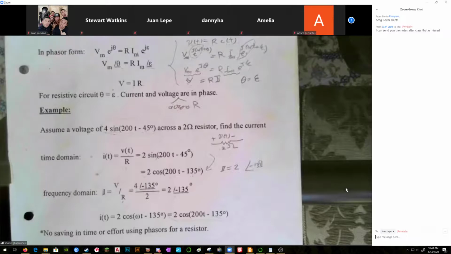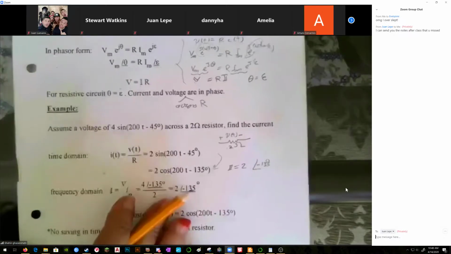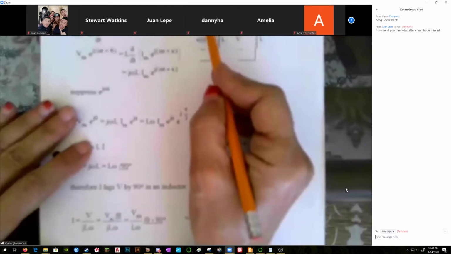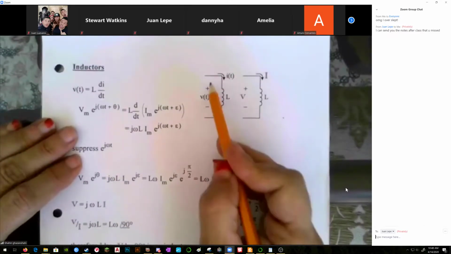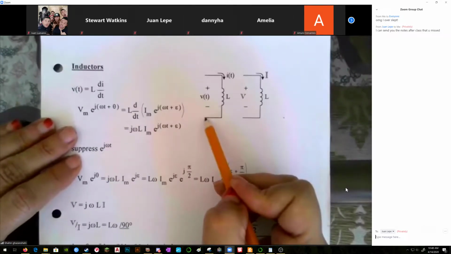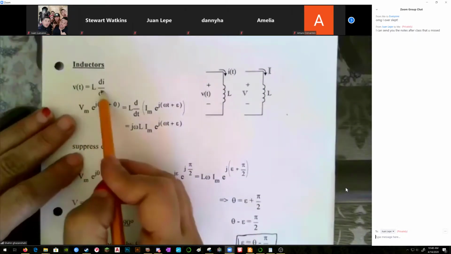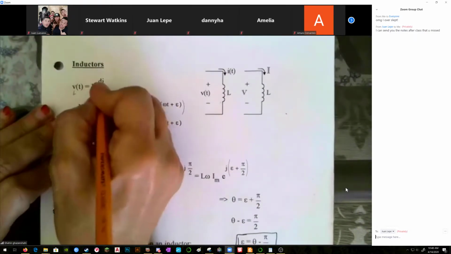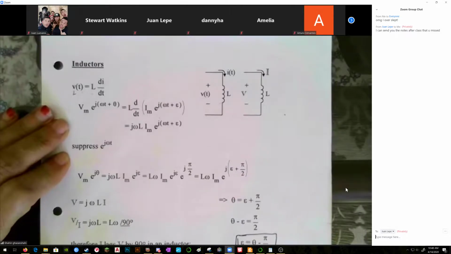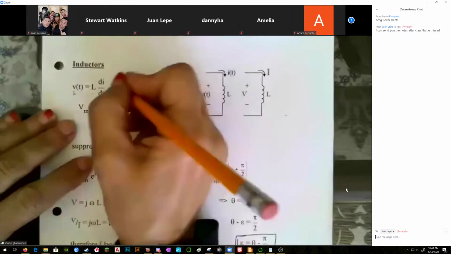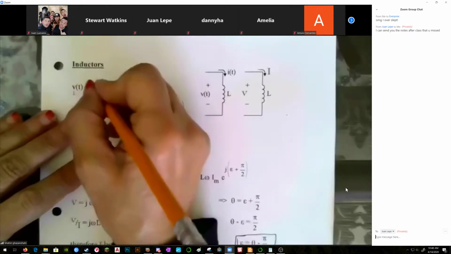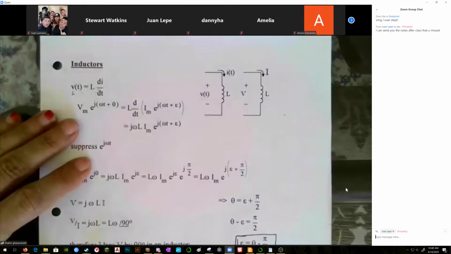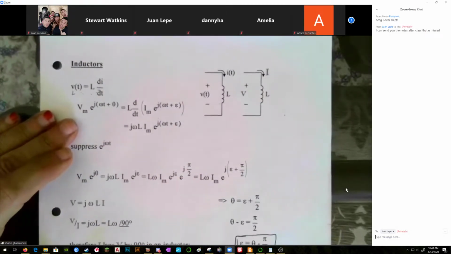But your circuit doesn't have just resistors, it has inductors and capacitors, correct? So let's see what happens for the inductors. Okay, if I have the inductors, you know the voltage across inductors is what? Derivative of the current, correct? If I give you the current, to get the voltage in the time domain, I have to calculate derivatives.